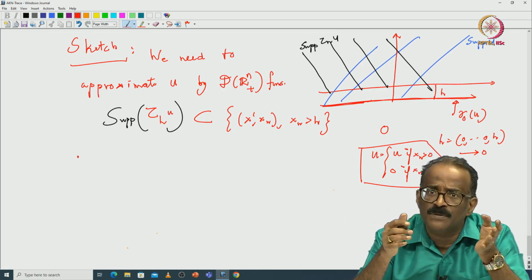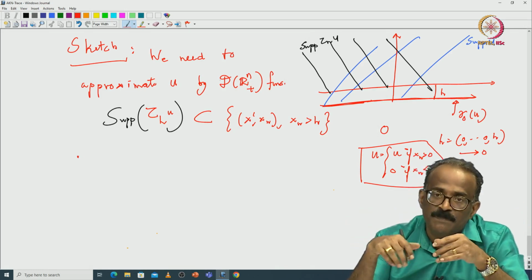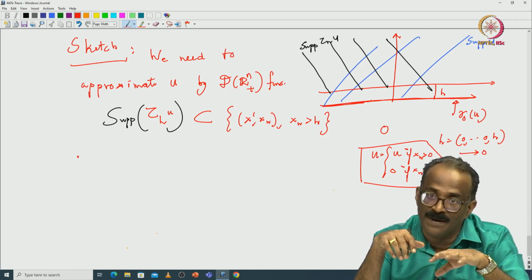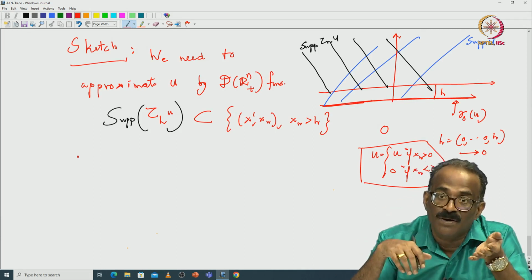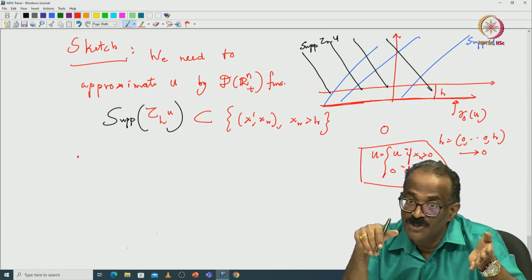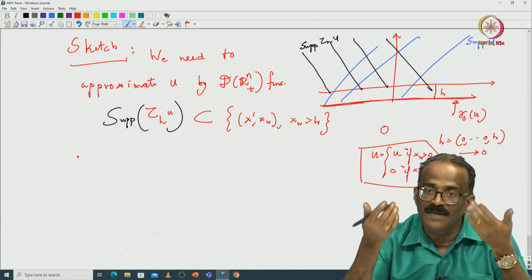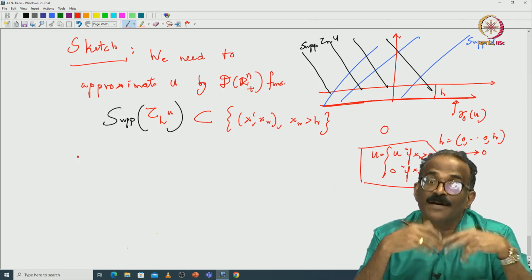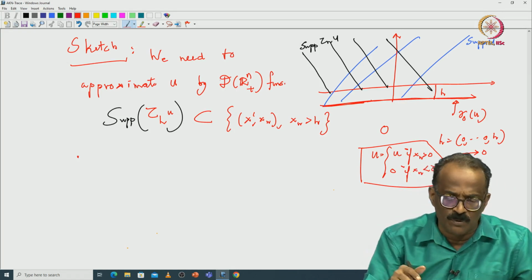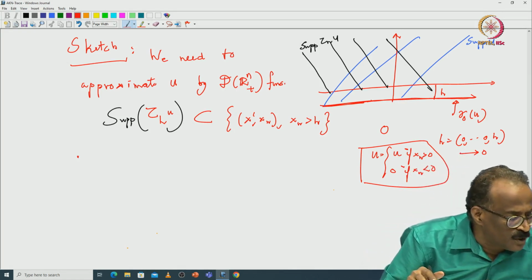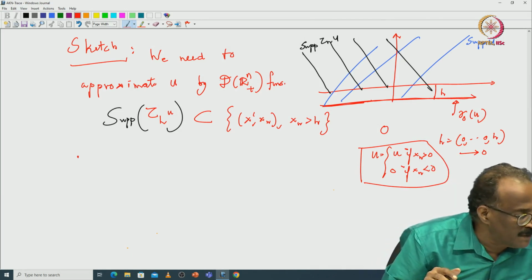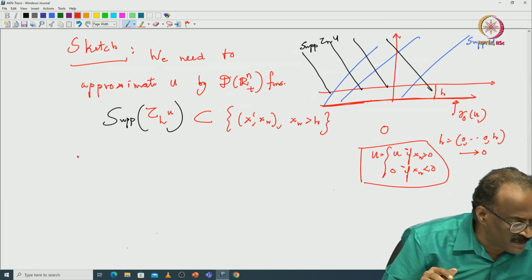To do these steps, first you show that tau h of u converges in L2, then the derivative dn of tau h of u converges, then you use cutoff functions to make it compact support, and then you take your mollifiers and convolve with it to get a C infinity function. All these steps have to be worked out.